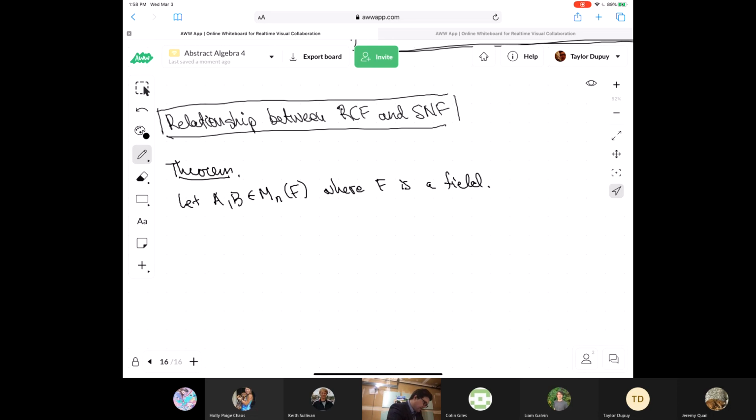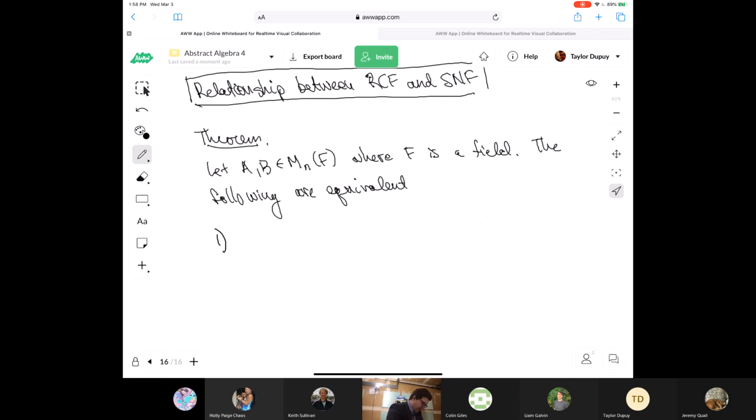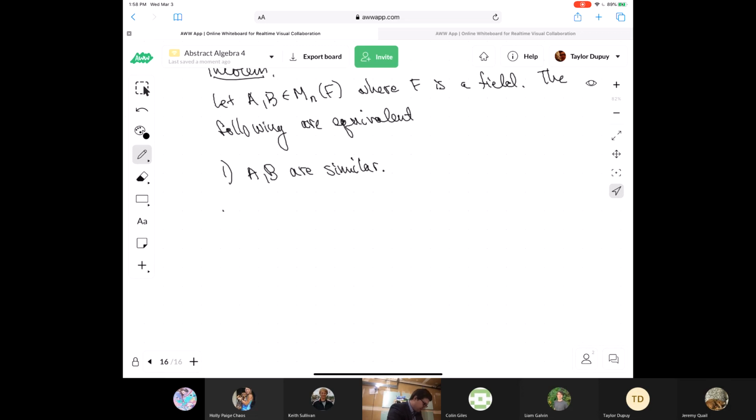The following are equivalent. 1, A and B are similar. 2, A and B have the same rational canonical form.